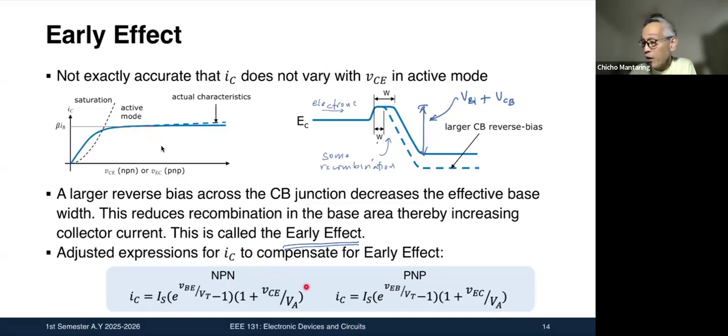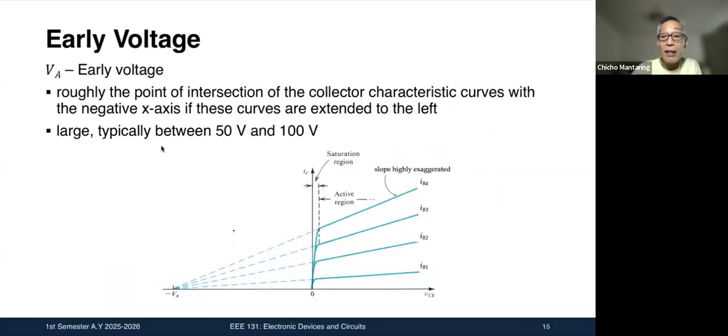If your early voltage is large, then this becomes small, and the increase in IC will be smaller. So we want the early voltage to be large. In other words, ideally, sana mas malaki yung early voltage. But thank you very much to the two of you that tried to answer.